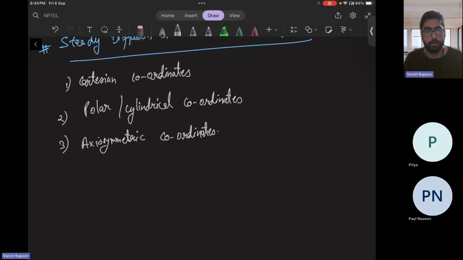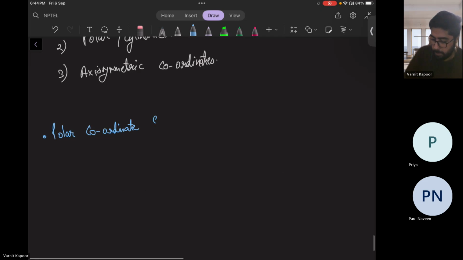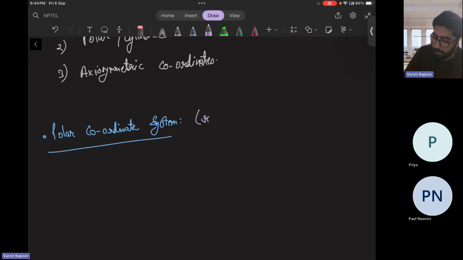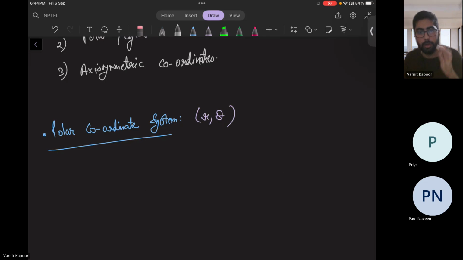Now let's come to the polar coordinate system, which comprises nothing but the R theta system.